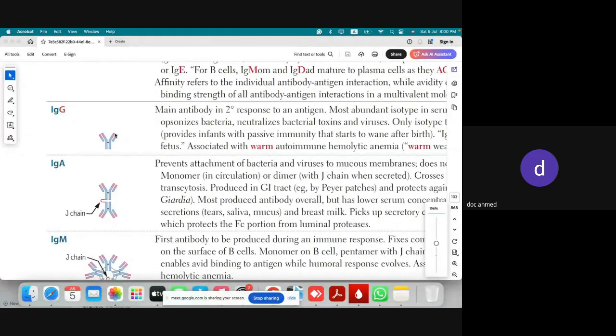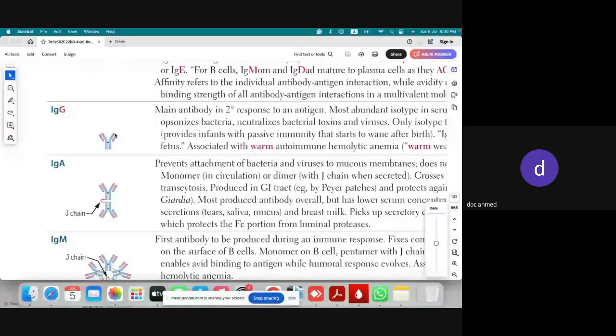So can I say that the avidity of IgM is the highest of all? Avidity is the number of sites where your antigens can attach.